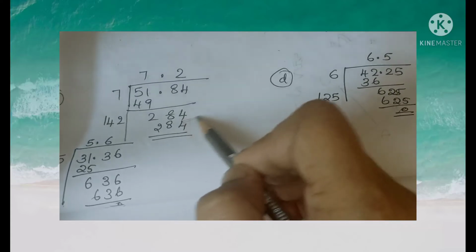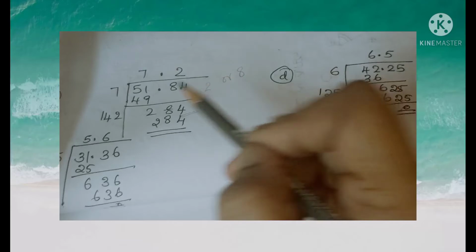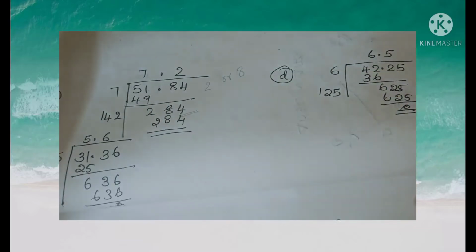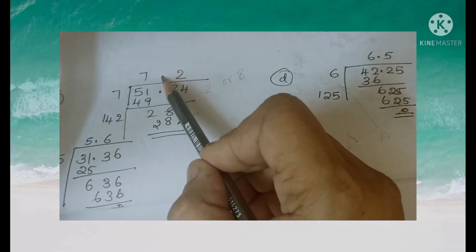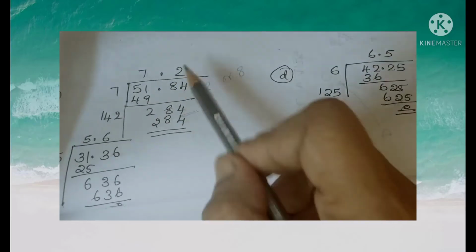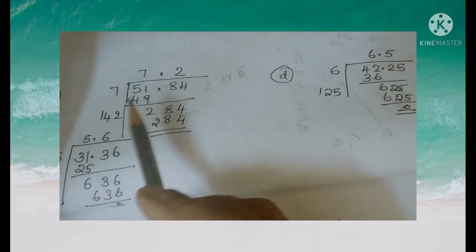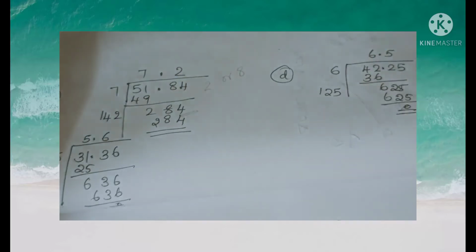Since the number is ending with 4, it is either 2 or 8. Let us start with 2. That 2 we also write after putting the decimal. Then 2 into 2, 4, 2 into 4, 8, 2 into 1, 2. So the square root of 51.84 is 7.2.